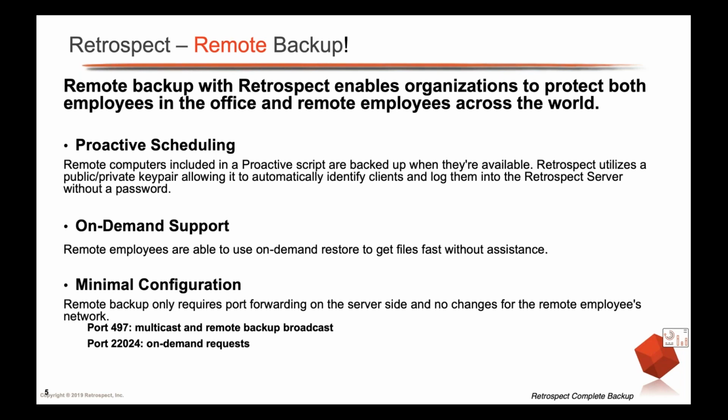It allows you to have a very simple, inexpensive data protection solution for these remote workers, and still allows a cloud-based target for them to also back up to cloud-based storage. In addition to the remote backup capability, if you have a single workstation sitting out there remotely, a centralized Retrospect backup server can reach out and back it up as well. So it's a very good way to have a complete solution across the board.